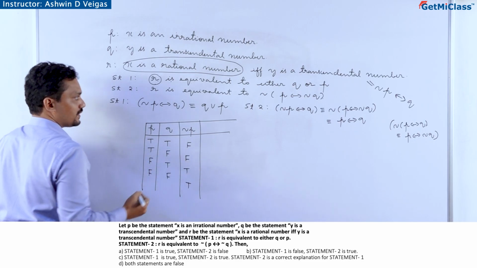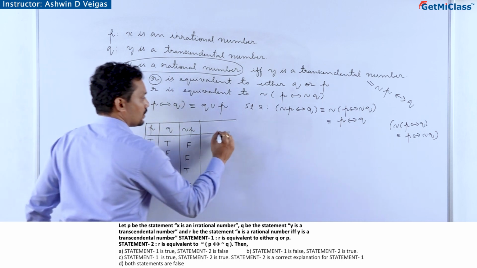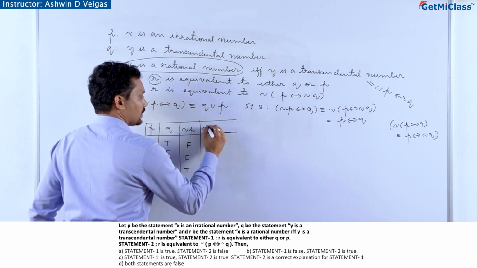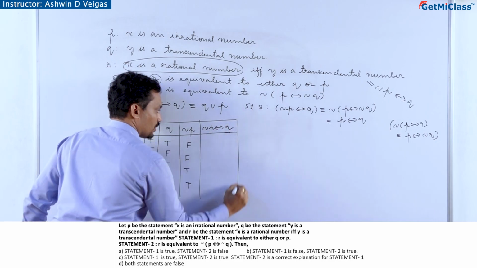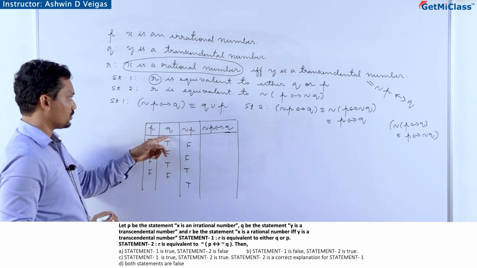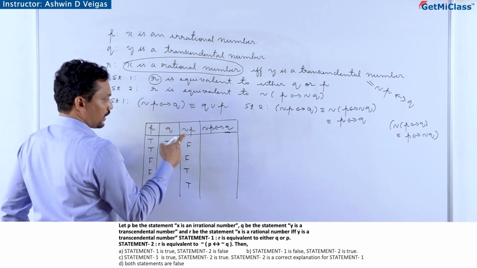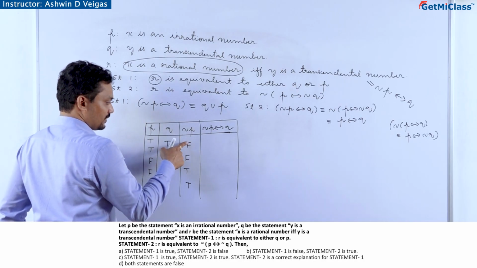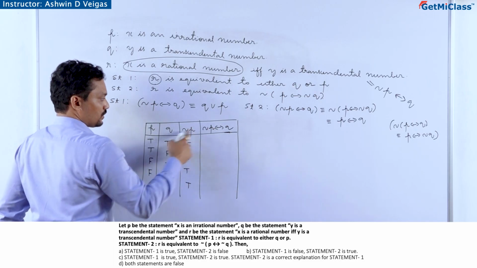Now, I will construct negation of P if and only if Q. So, I have to do if and only if of this with this.